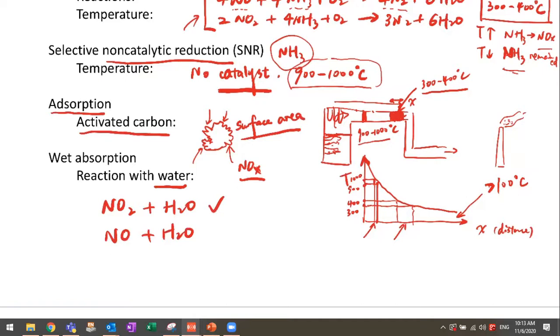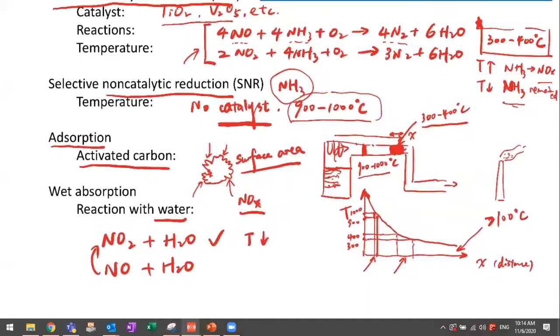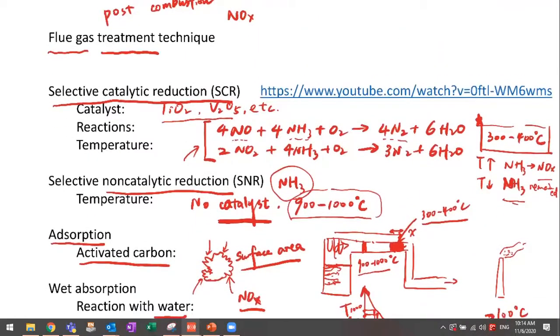So if we use wet absorption, we want to wait until the temperature gets cooler. At a lower temperature, most of the nitrogen monoxide is converted into nitrogen dioxide, and then we can have better reaction control. Okay, so these are the flue gas treatment techniques we can use.